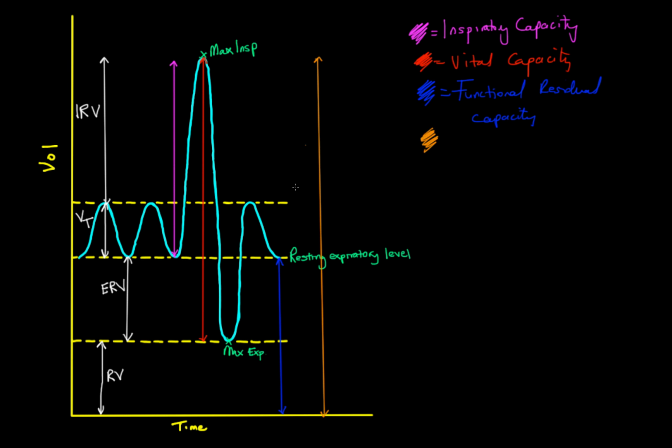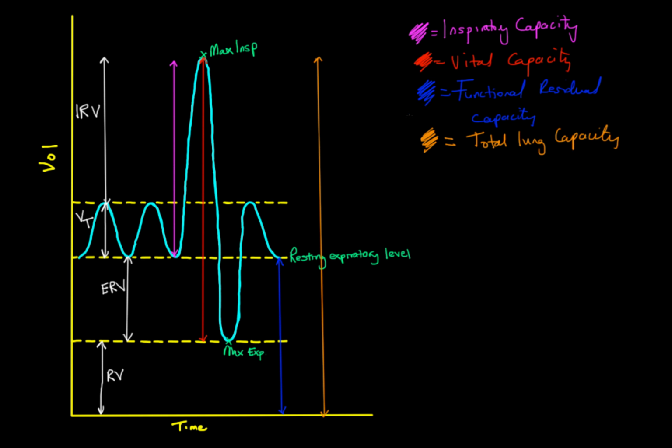A capacity, by definition, is the sum of two or more volumes, just like our inspiratory capacity is the sum of this volume and this volume. So a capacity is two or more volumes added together, and this is our total lung capacity.